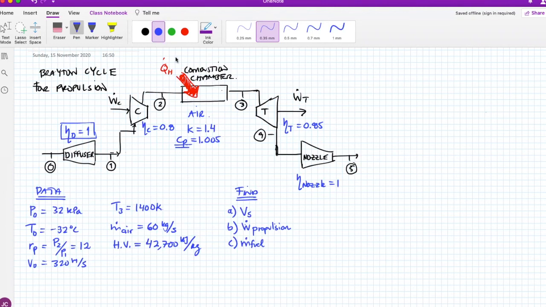I still have the combustion chamber, which is putting in heat that comes from a combustion, or a chemical reaction called combustion, and it will heat the air that is coming here. Remember, we can take that the Brayton cycle is using air. In this case, it's not completely accurate to take this as air all the time, because at 0 you have air, at 1 you have air, at 2 you have air, but then at 3 you have a mixture of fuel and air.